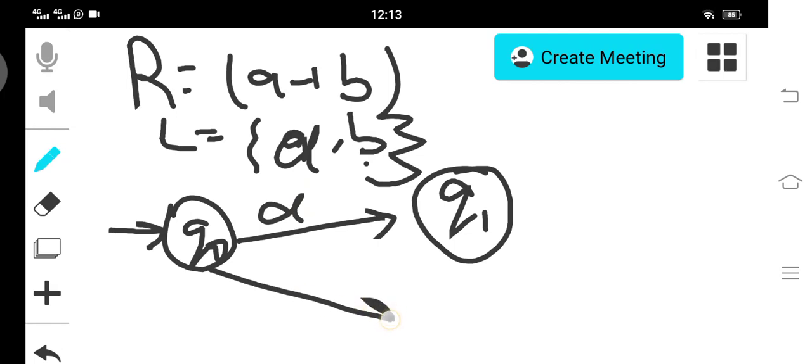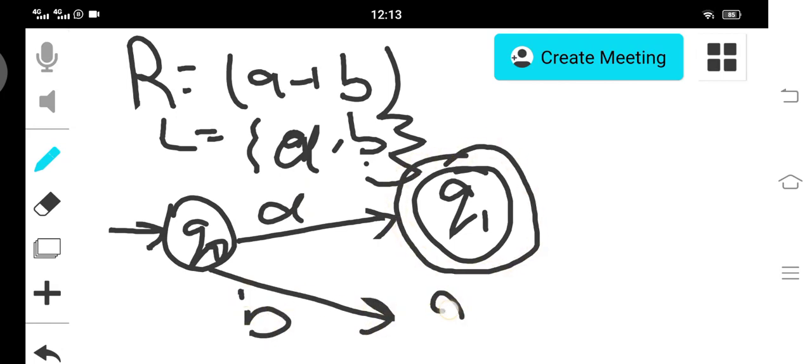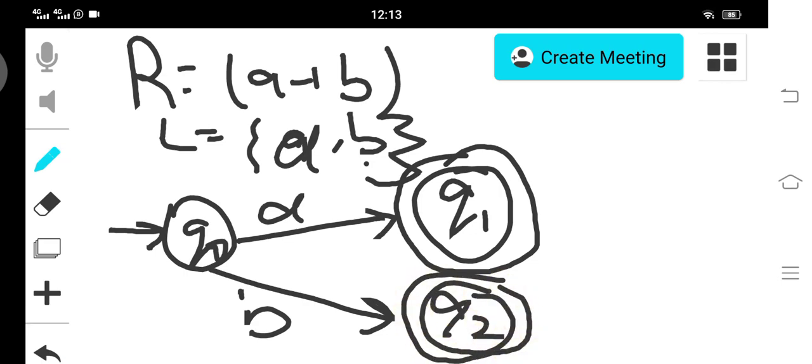On B it also goes to a final state, Q2. So the basic condition is fulfilled.